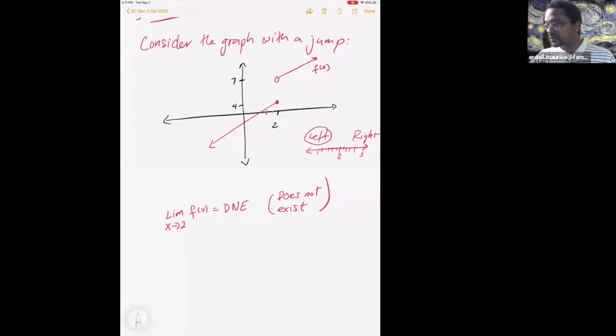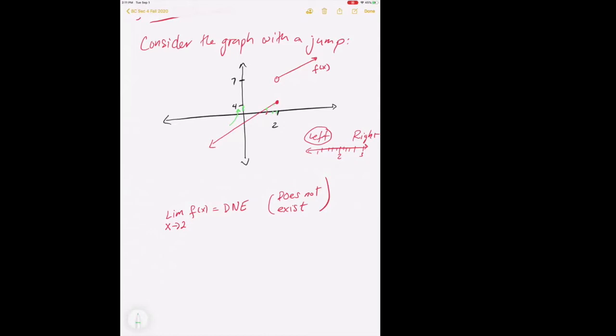Yes? If I plug in a number even closer to 2, the corresponding y value will be even closer right here. So looking at these answers that I'm getting right here, can you see that every time I plug in a number that's closer to 2, the corresponding y value I got was closer to 4? Yes?